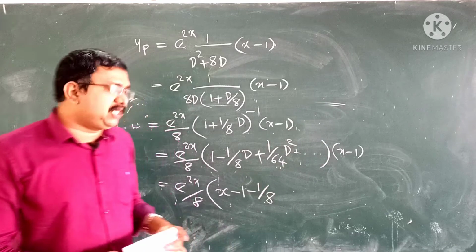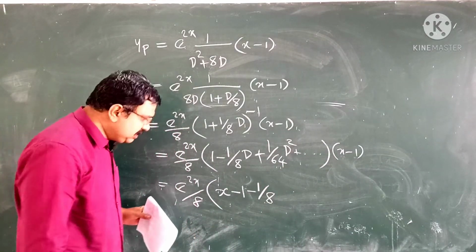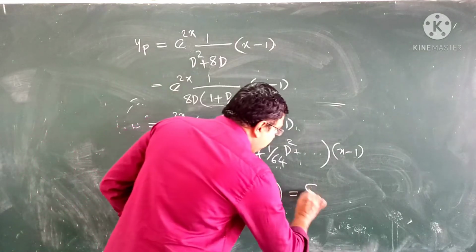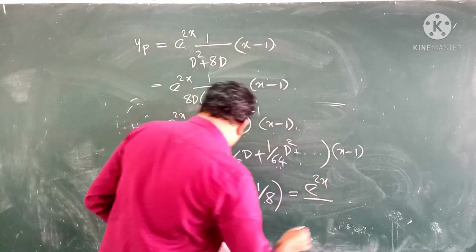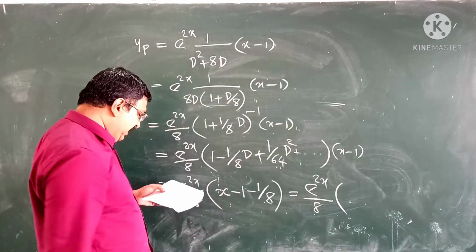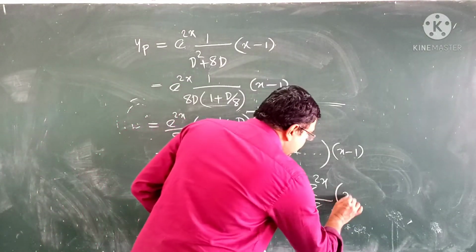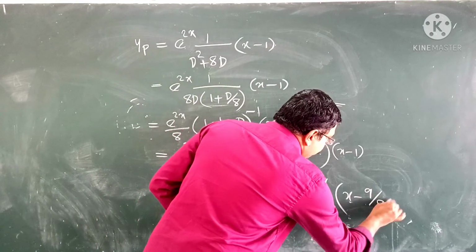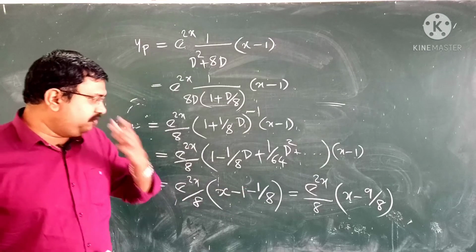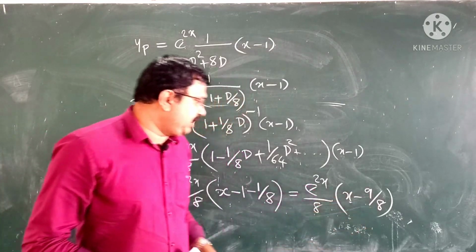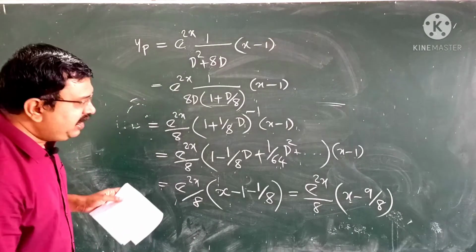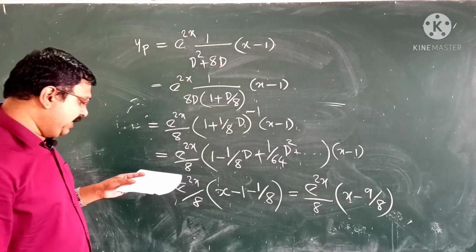Therefore, all other terms are 0. Therefore, this can be written as e^(2x)/8 into x − 9/8. Minus 1/8 will become minus 9/8.